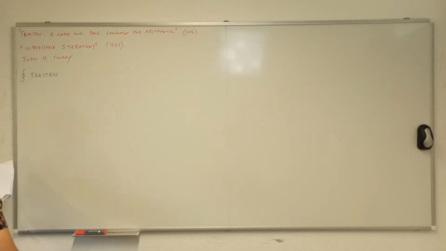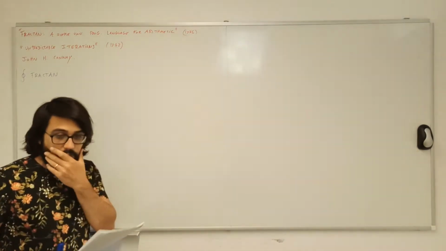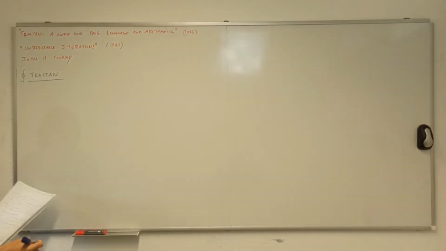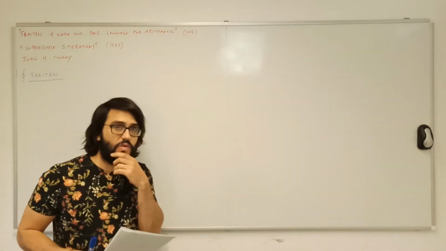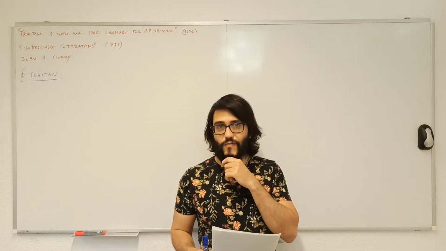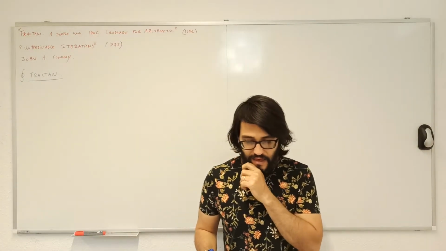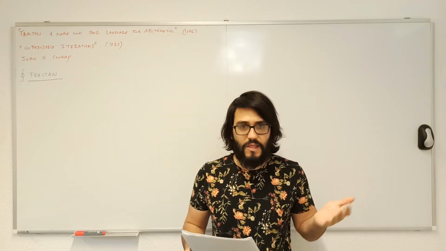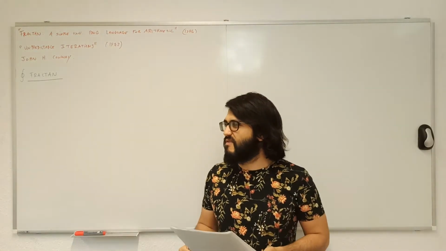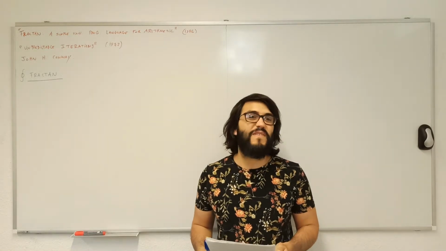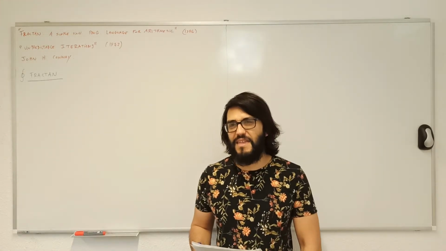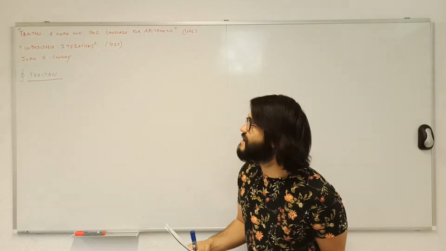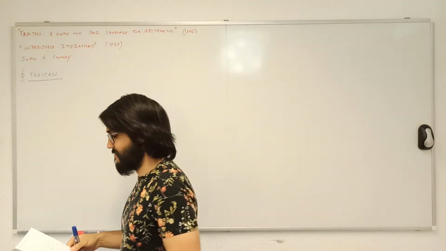Okay. So what is FRACTAN? FRACTAN is, you could say, a computer language for programming, but Conway always thinks of his stuff, I guess, in terms of games, and you can even think of no-player games if you like. So you think of FRACTAN as a game.